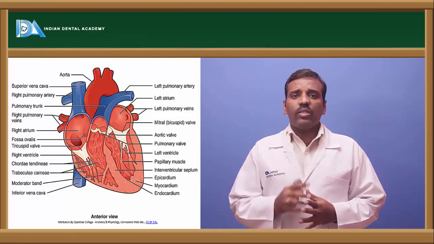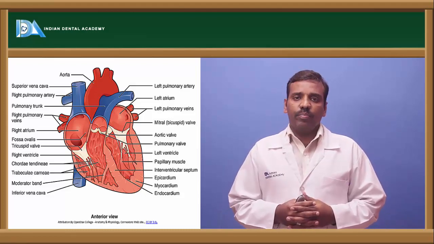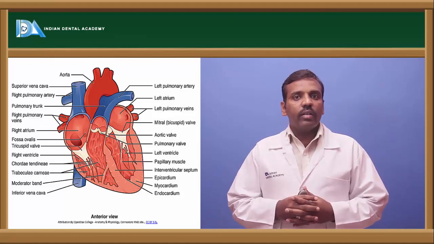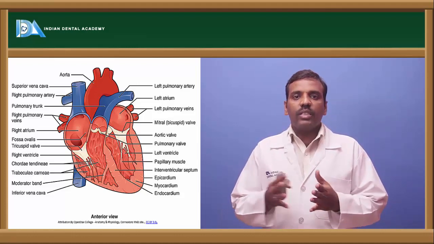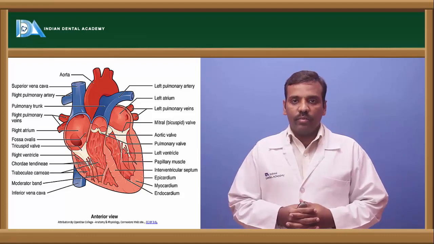There are two auricles and two ventricles. One is called the atria or atrium, and the plural is called auricles. The atrium is nothing but the auricle.